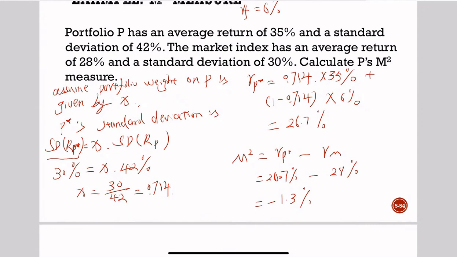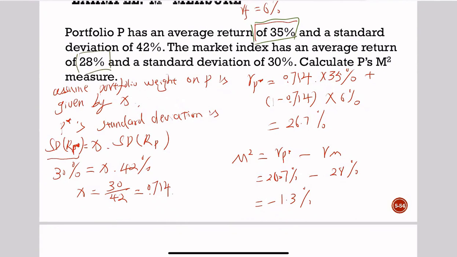Note that here, it's very important when you're doing performance evaluation, if you just want to compare returns, you have to adjust its volatility, right? What you see here is if you fail to adjust volatility, then just by raw returns, you can see that portfolio P actually has a higher return compared with the market.